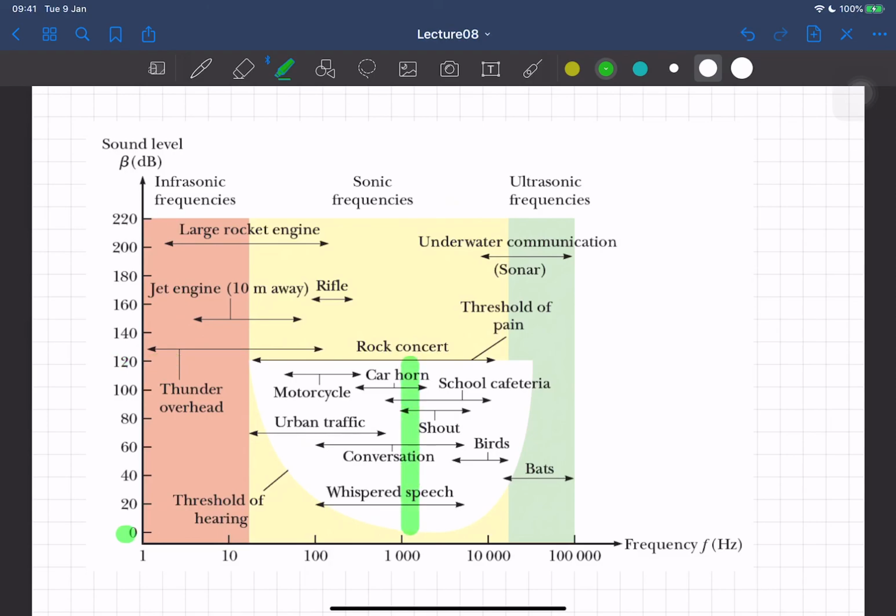It can go from 0 dB, which is exactly the lowest sound that we can hear, up to 112, which is about 0.1 watt per meter square or something like that. So now you can read this chart here.